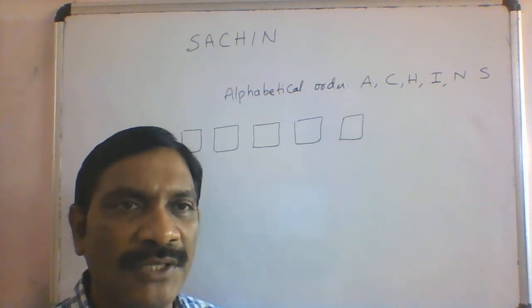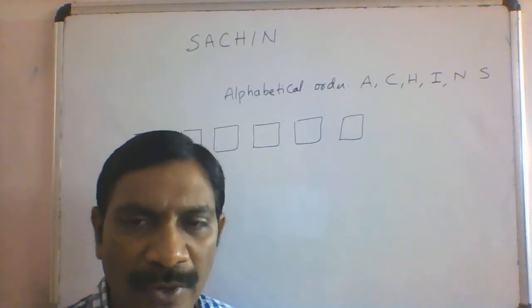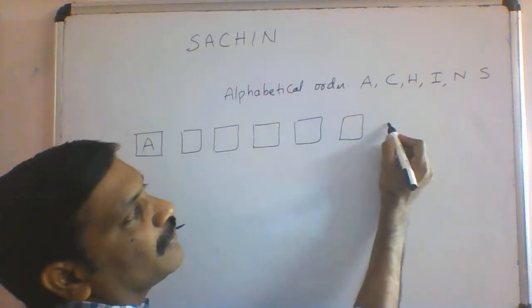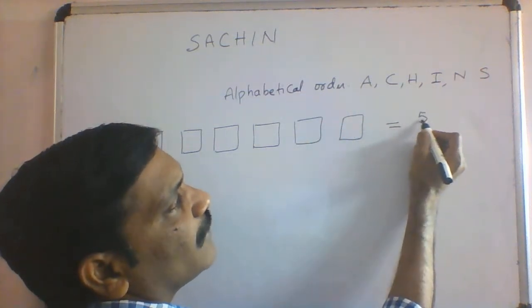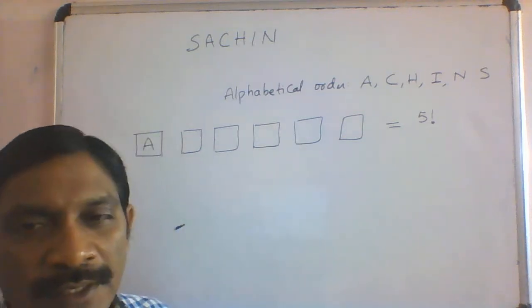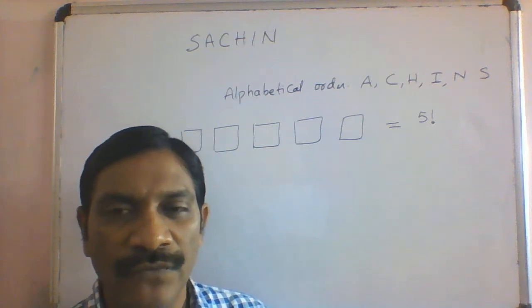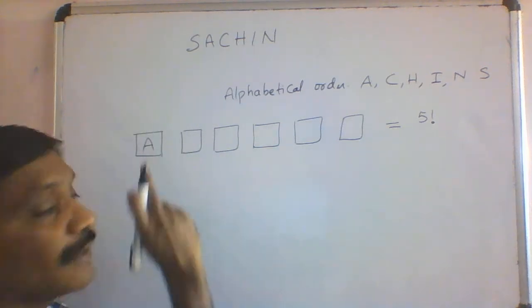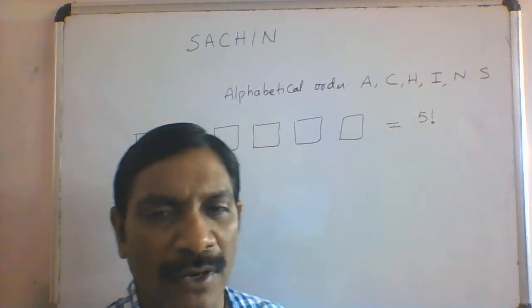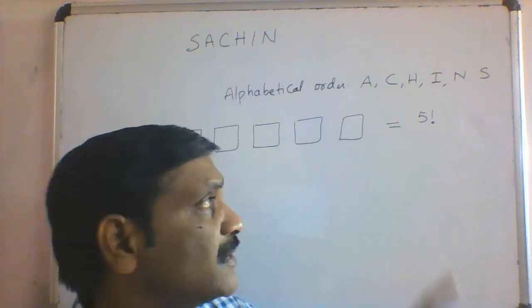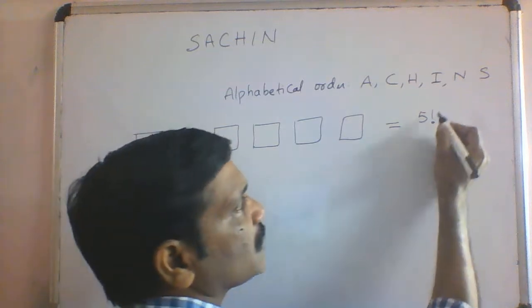We have already seen this in some of the problems of permutations. So there are 5 factorial words which start with A. Whether they have meaning or not, it is immaterial.